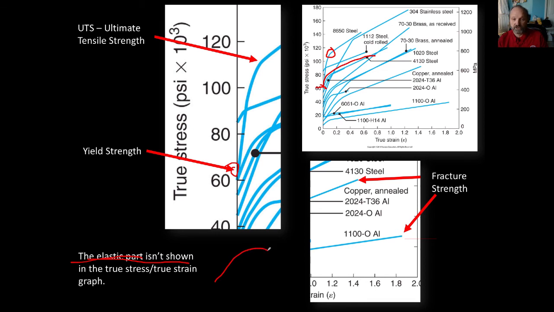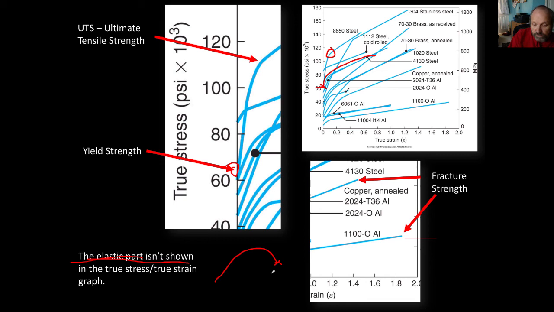This is the engineering stress strain. It comes back down and then it breaks. Remember the linear thing? It's the load divided by the original cross-sectional area, and then the engineering strain, which is L minus L naught over L naught, not the logarithmic version of that.